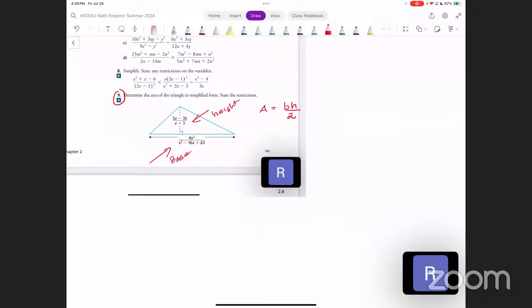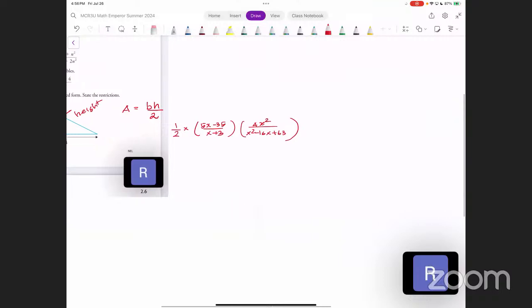So you wrote the expression right, but where's the 1/2? Base times height divided by 2, isn't it? So 1/2 times 5x minus 35 over x plus 3, times 4x squared over x squared minus 16x plus 63, isn't it?